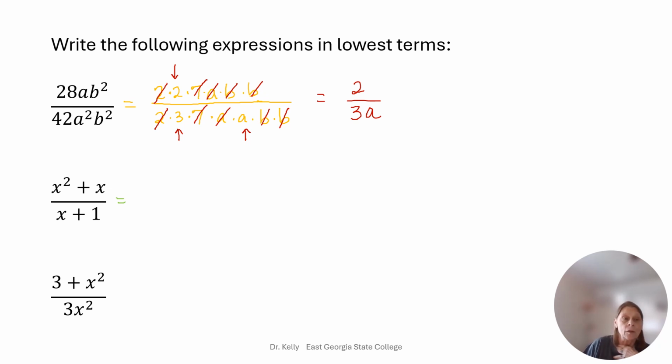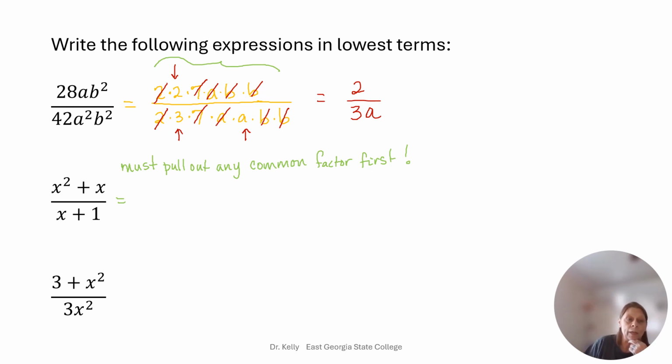So we must pull out any common factor. Okay, just like up here, we factored it all out. So here we have to factor it out too.